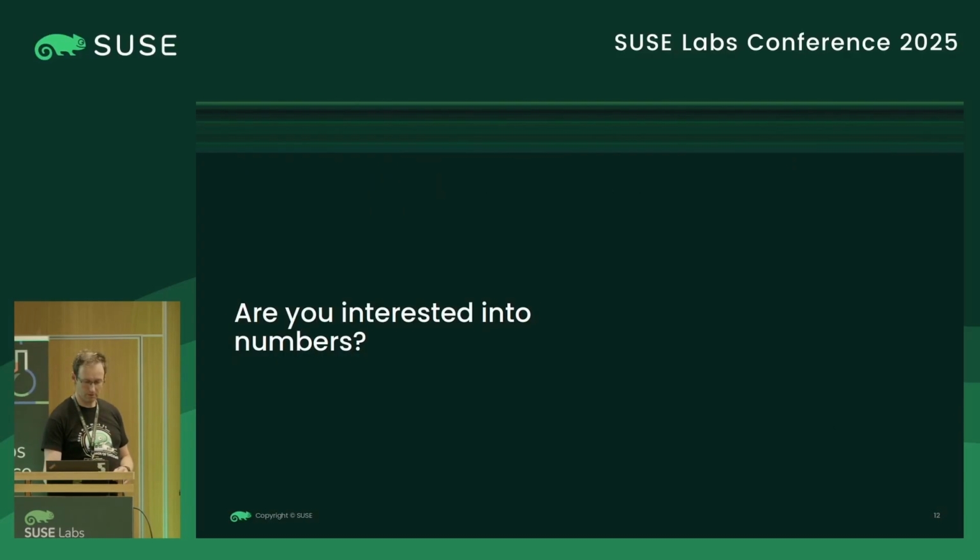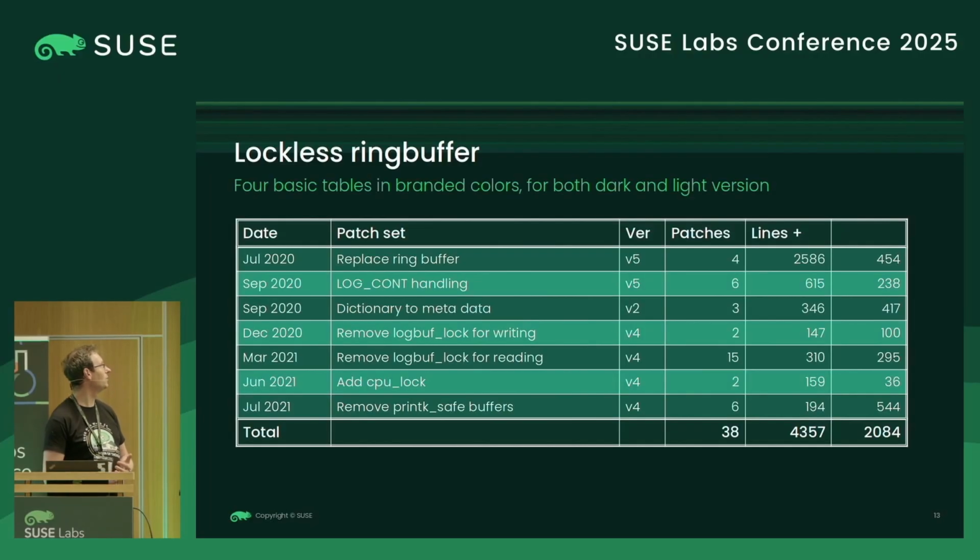Yeah. If you are interested in numbers, it took about 9 months to implement the ring buffer. For example, the first attempt was much more complicated than the later one. We simplified it a lot. And the interesting thing is that we added the new buffer and we still kept the log buffer lock.